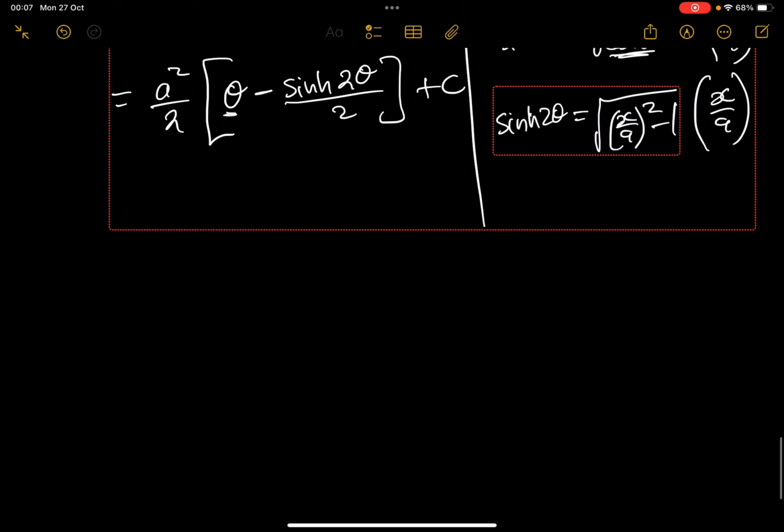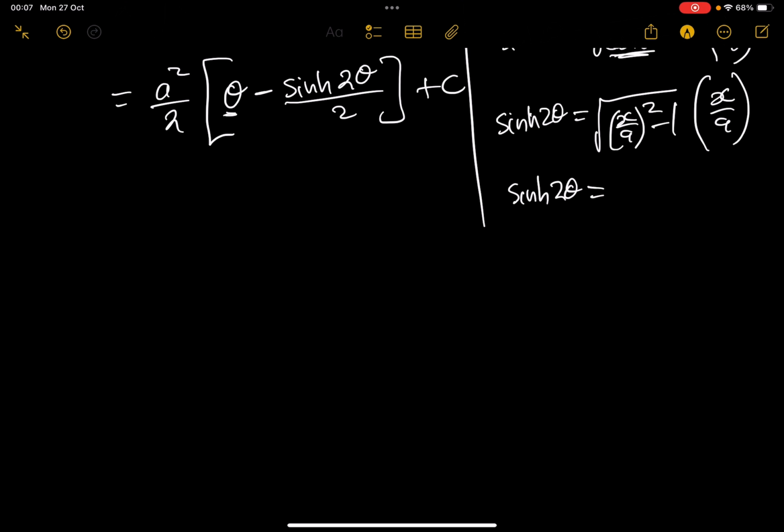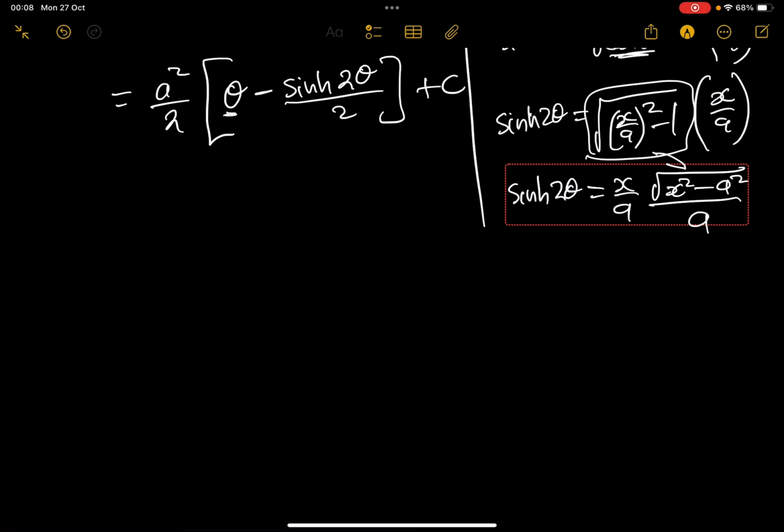If I simplify, this would be the same thing as sine 2 theta is equal to x over a times root x squared minus a squared over a. If you simplify, this is what you're going to get, isn't it?